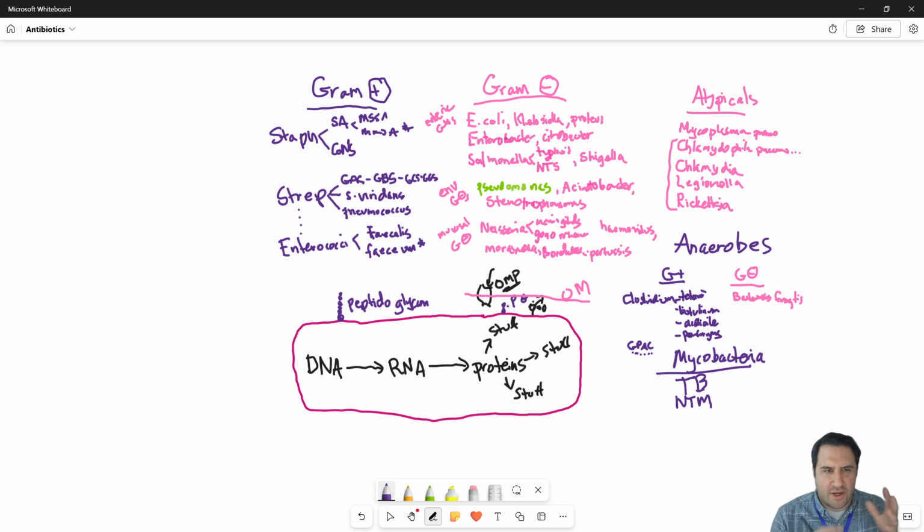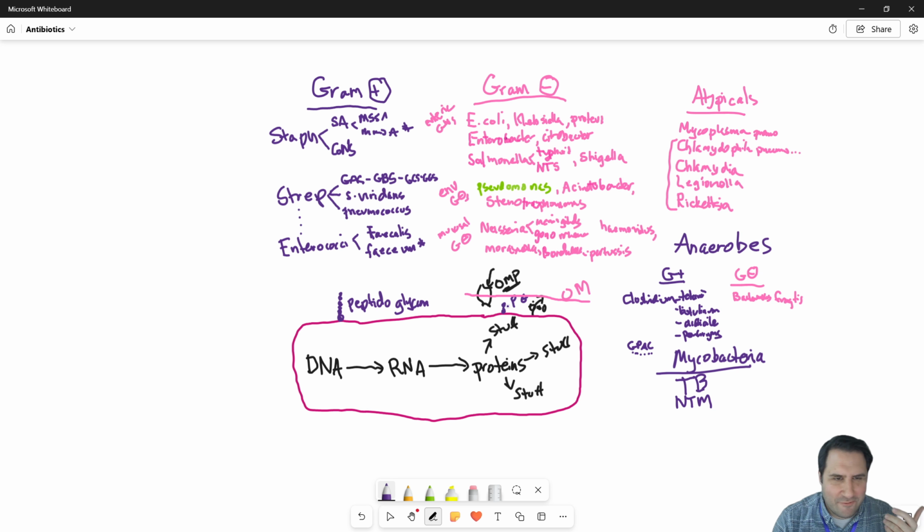There's a whole bunch of enzymes that are important in generating the cell wall. Because they bind penicillin, we call them the penicillin binding proteins. And there's a whole bunch of them that are involved in the peptidoglycan cell wall synthesis. But probably the most important step in terms of antibiotic function is the cross-linking step.